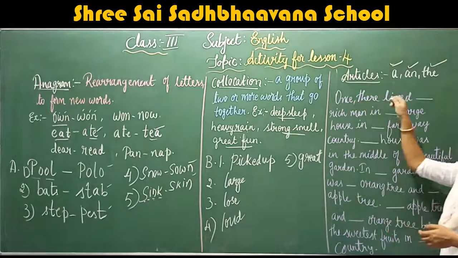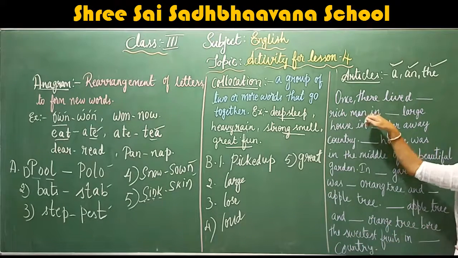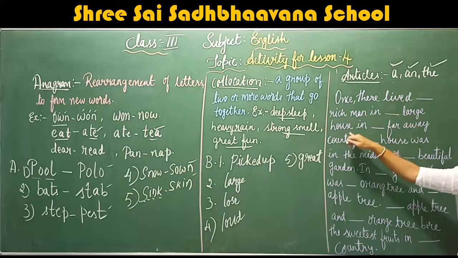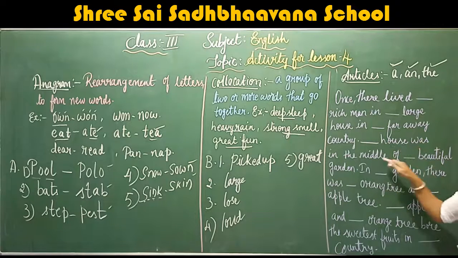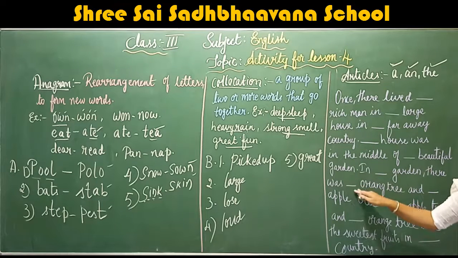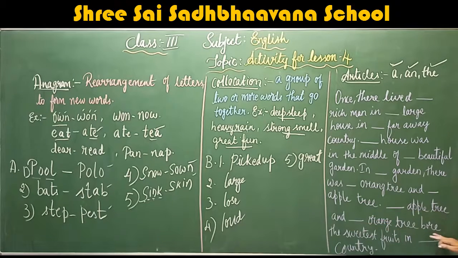Here, once there lived dash rich man in dash large house in dash faraway country. Dash house was in the middle of dash beautiful garden. In dash garden there was dash orange tree and dash apple tree, and dash apple tree and dash orange tree bore the sweetest fruits in dash country.